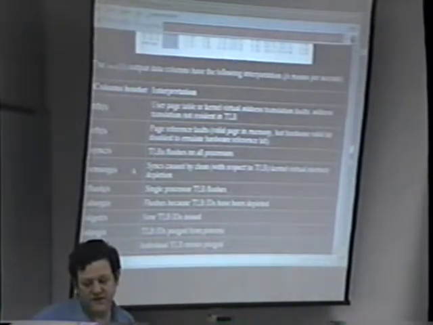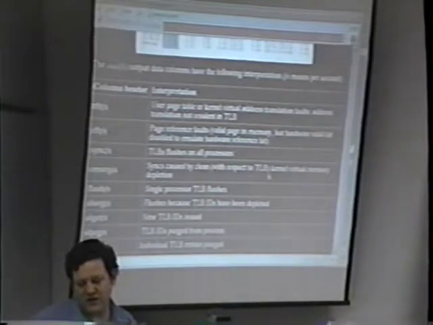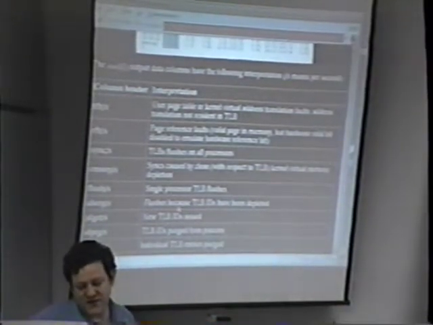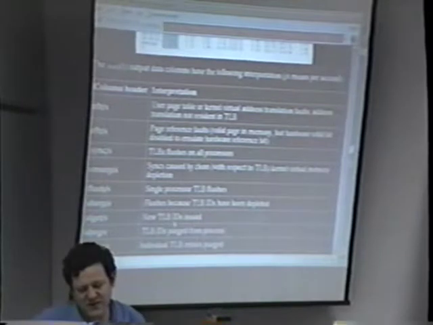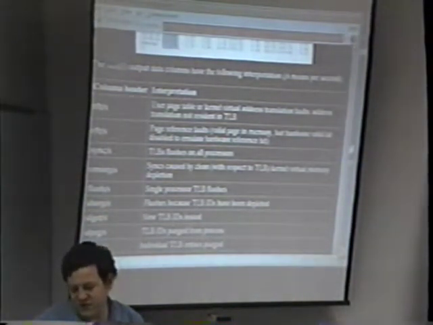And then there's this VM wrap, syncs caused by a clean kernel virtual memory depletion. Single processor flushes depleted, new TLB IDs issued or purged, and individual TLB entries purged.